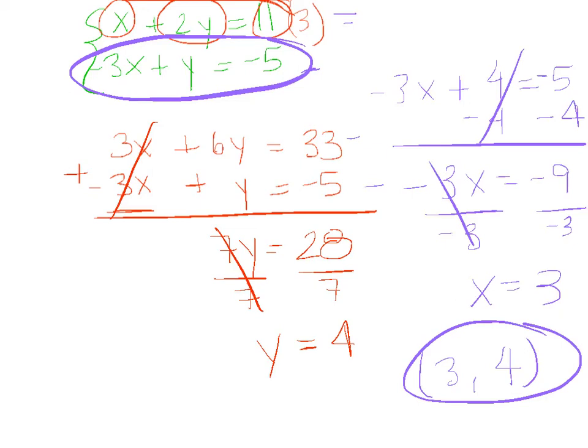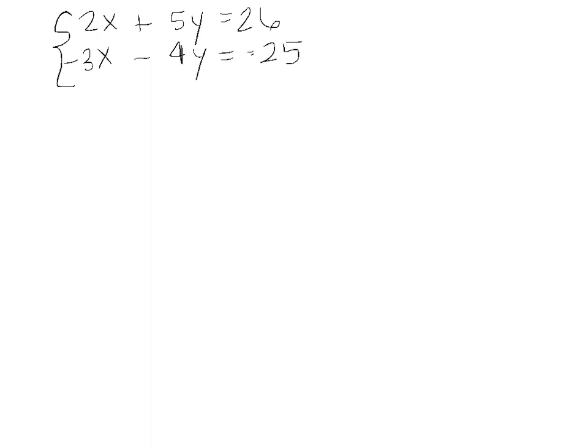Let's look at one more example. One last example. 2x plus 5y equals 26. Negative 3x minus 4y equals negative 25.